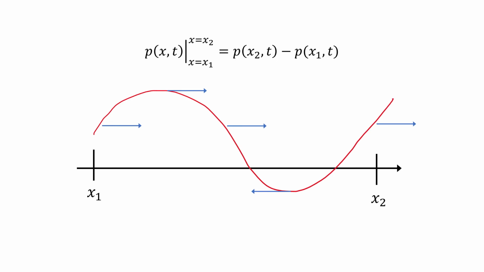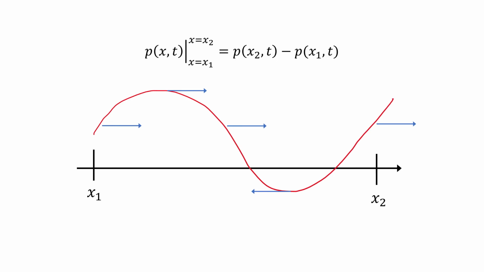Inside the interval, heat may be flowing to the right or to the left at certain points. But what matters in order to calculate the amount of heat entering or leaving the interval is only the values of P at the endpoints, no matter how heat is shifted around inside the interval.